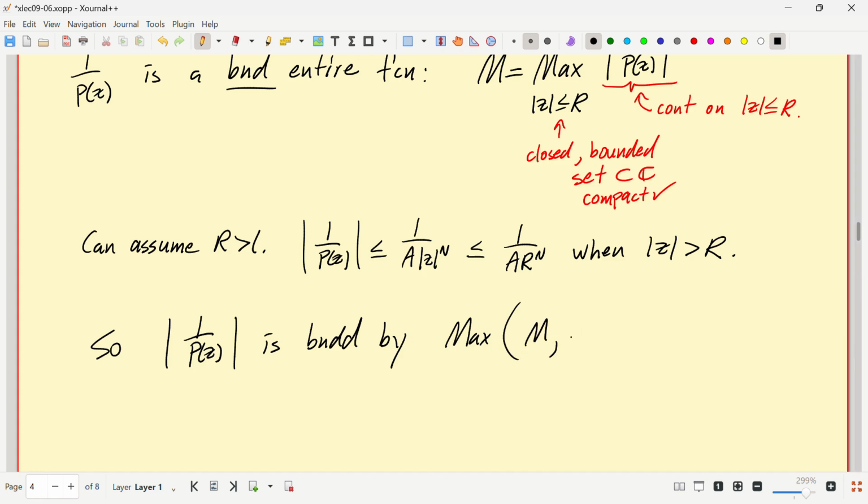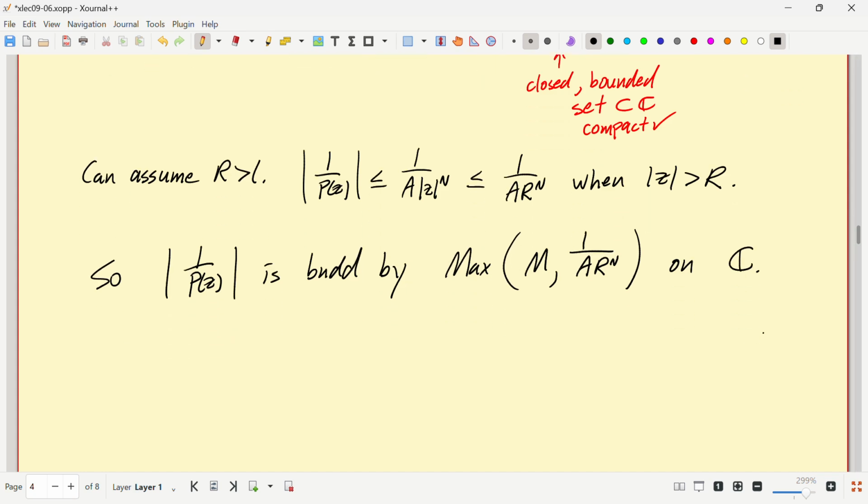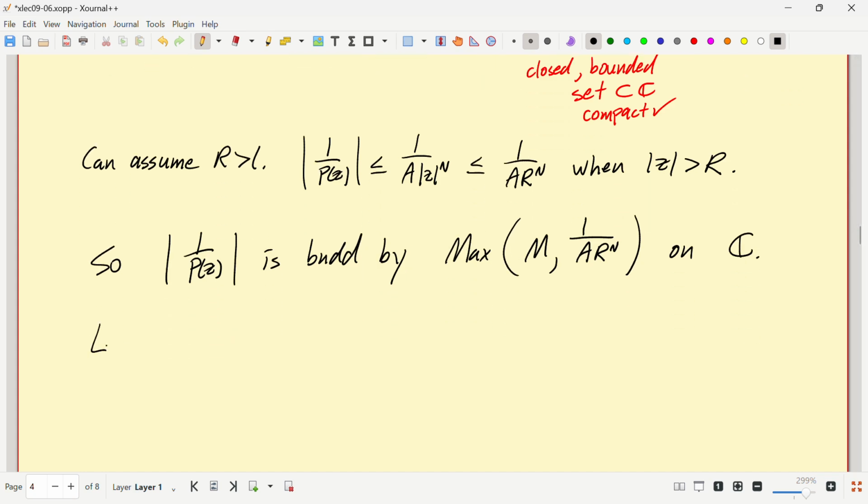That's the inside bound, and the outer bound would be 1 over A R to the n on C. Liouville's now implies that 1 over P is constant. And of course that would imply that P is constant.